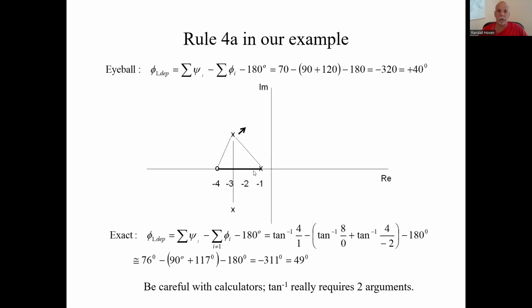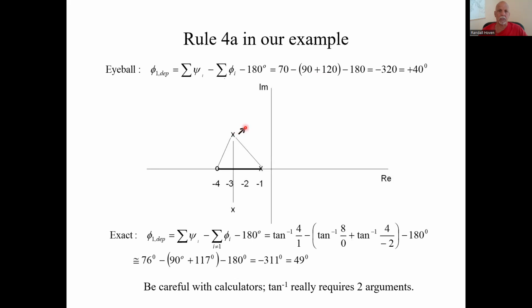There's no fuzz on that one. On this one, go around, it's past 90. I'll say it's about 120. And we subtract 180. If I do all that arithmetic, I get minus 320. I can always add or subtract 360. I get a plus 40 degrees for the departure angle out of this pole.